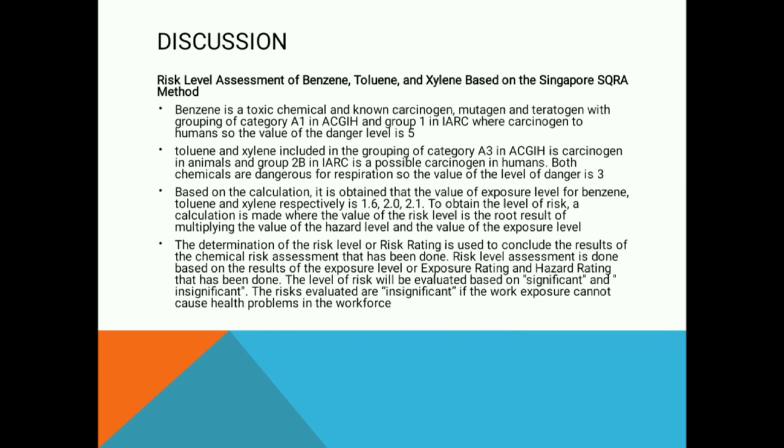Determination of the risk level or risk rating is used to conclude the result of the chemical risk assessment that has been done. Risk level assessment is based on the exposure rating and hazard rating. The level of risk will be categorized as significant or insignificant.